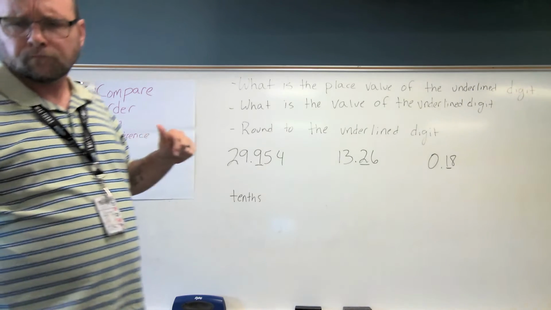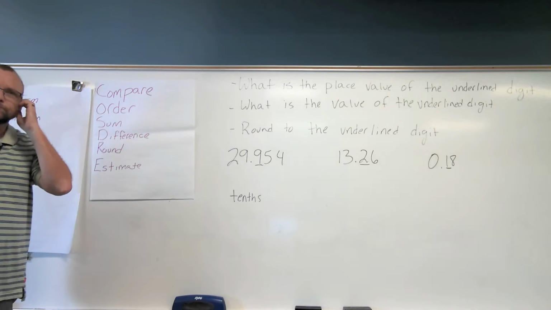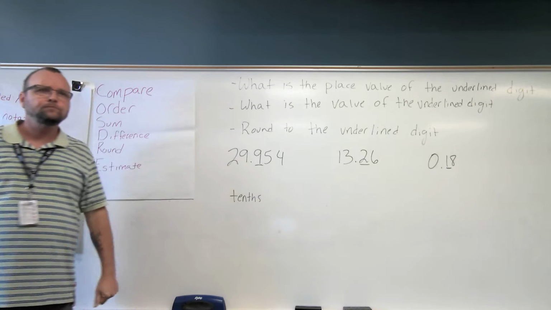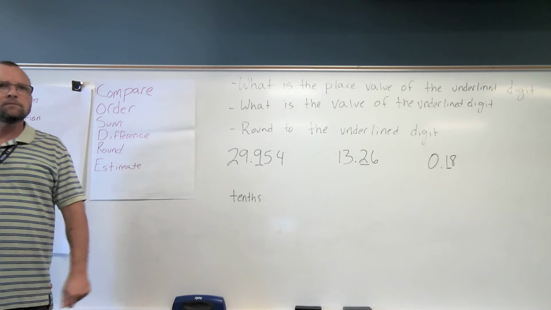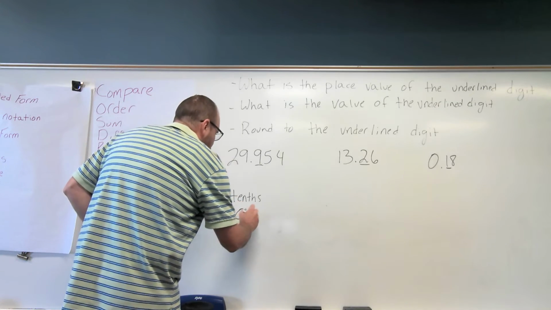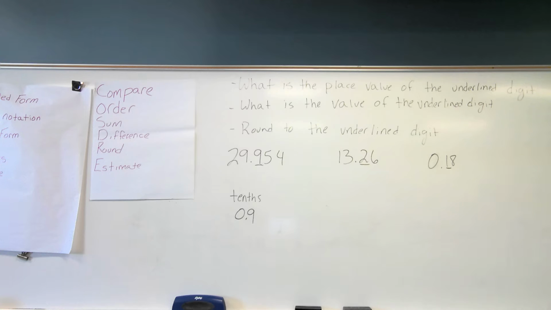So the value of the underlined number is what? 9 tenths. So the value would be written like this. Place value and value are different.